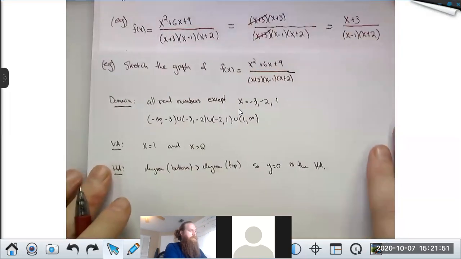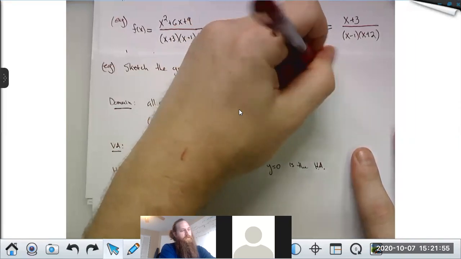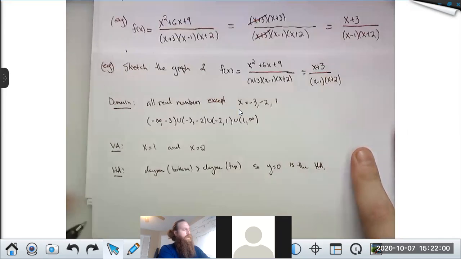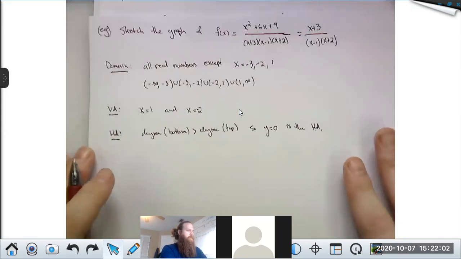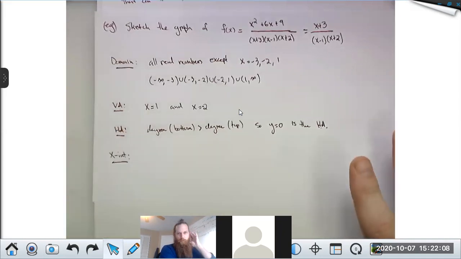Okay, moving on, let me just copy this down. This is x plus 3 over x minus 1 times x plus 2. I'd also like to find my intercepts. So my x-intercept here is going to come from when the top is equal to 0.